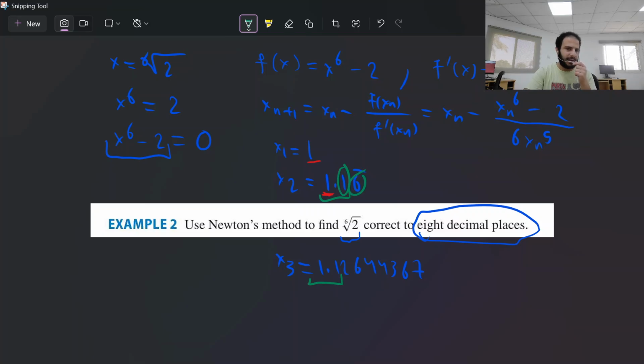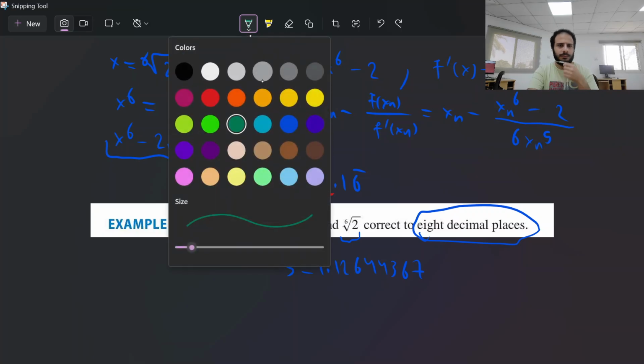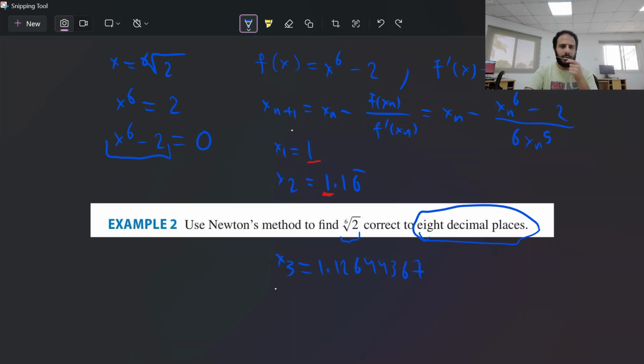But the 6 is not correct because here it's 2. This 2, we still don't know whether it's correct or not. We need to find x4. If in x4 it's also 2, then we know it's correct. Now I will find x4. Let's go to x4 now.